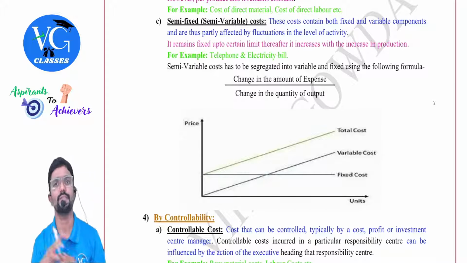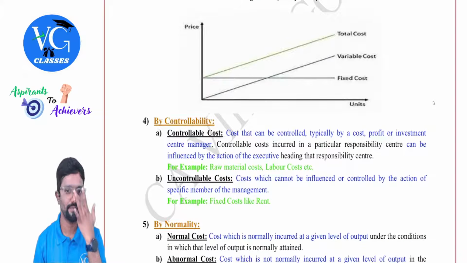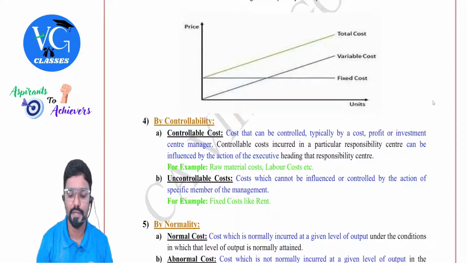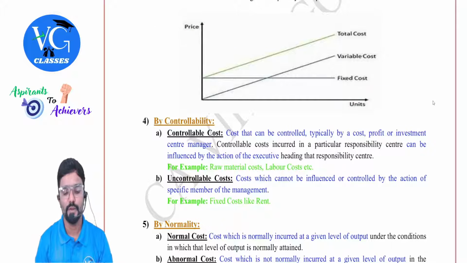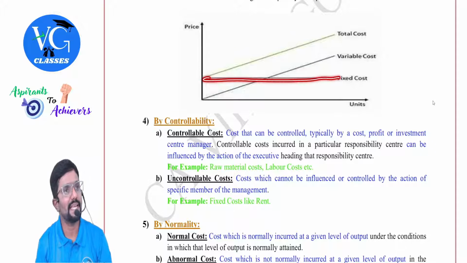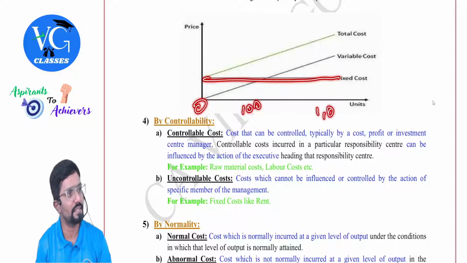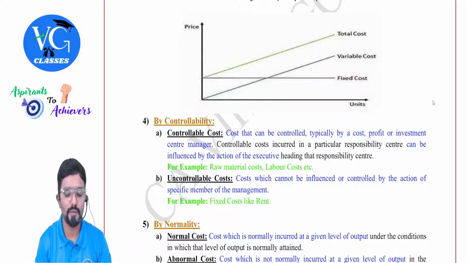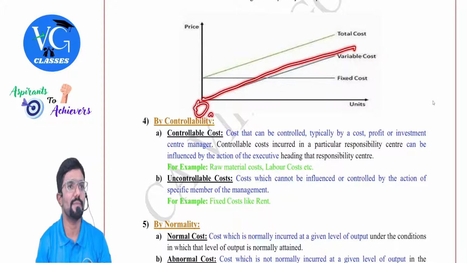It is applicable while solving the questions. Or diagram-wise also I have given. You can see your units and price or cost here. So fixed cost will always be a straight line, guys. Whether you produce 0 units or 100 units or 1000 units, fixed cost will be the same. Whereas variable cost will always start from 0. If there is no production, there is 0 variable cost.